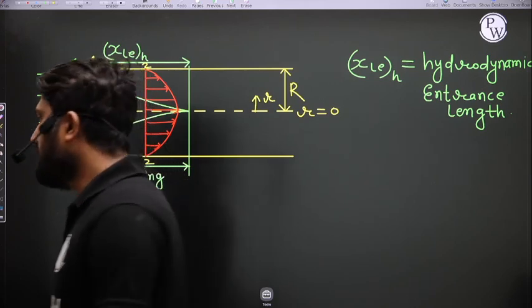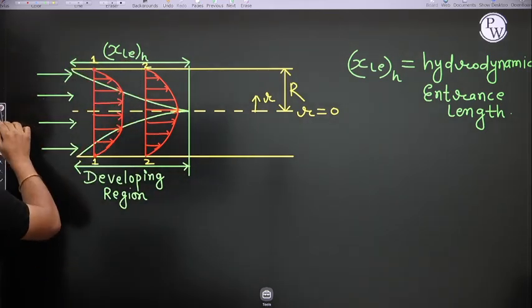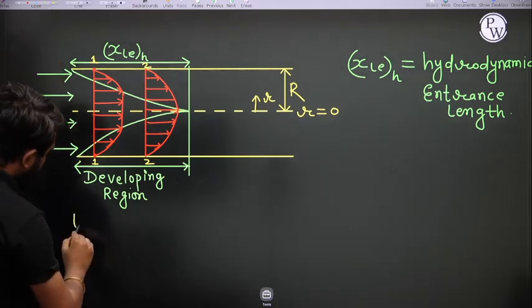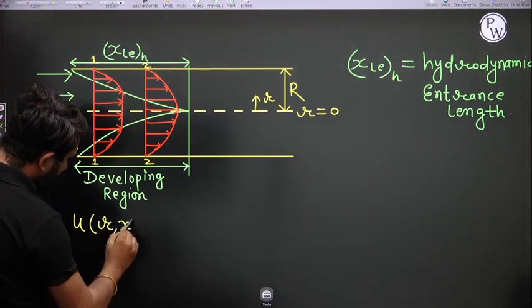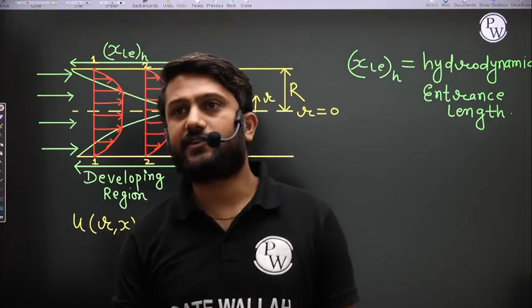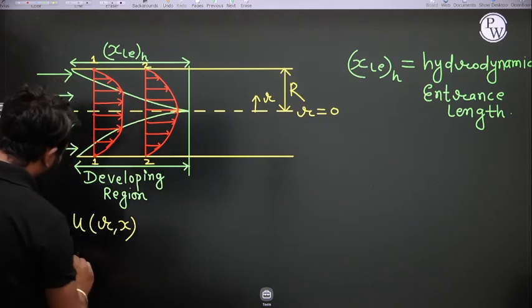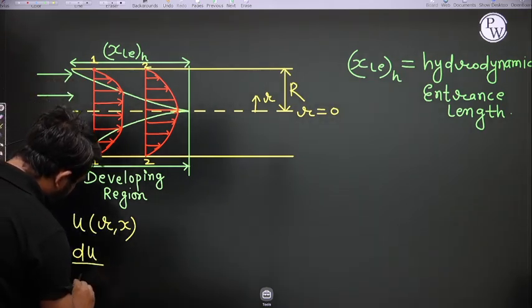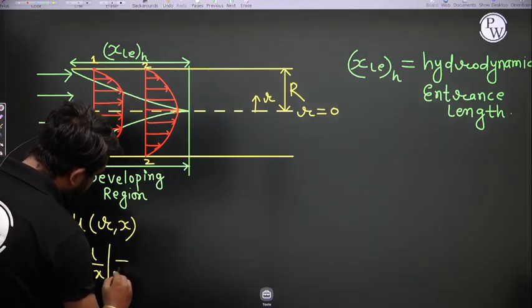Is it clear? So in the developing region, the velocity is a function of r and x both. Or we can say at a particular r, u is a function of x.